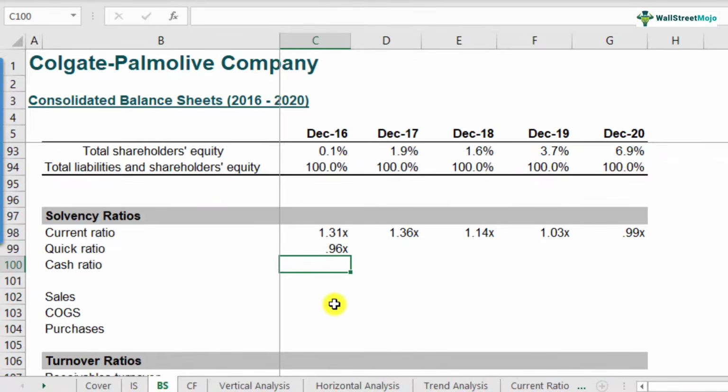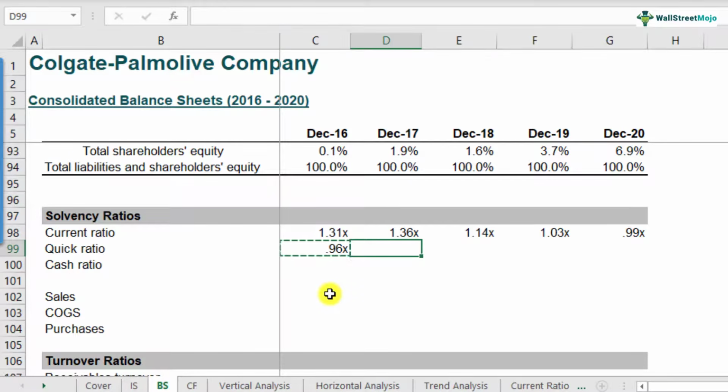Okay, so what we get here is the quick ratio is 0.96, and the current ratio was 1.31. More or less, this is a similar situation to the one we saw earlier in our example, where current ratio was more than 1 and quick ratio was less than 1. It gives a contradictory interpretation. So this is the reason quick ratio becomes very, very helpful.